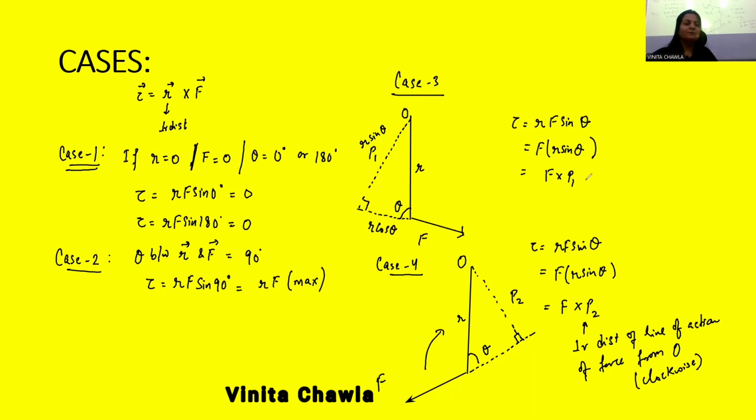And here, what is P1? P1 is the perpendicular distance of line of action of force from O, but here it is anti-clockwise.